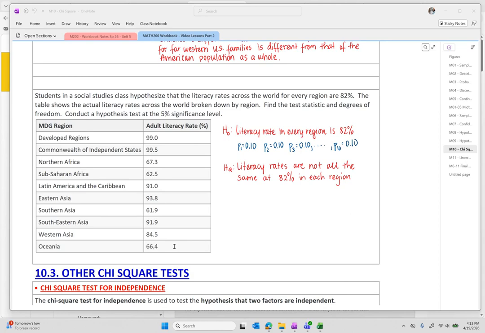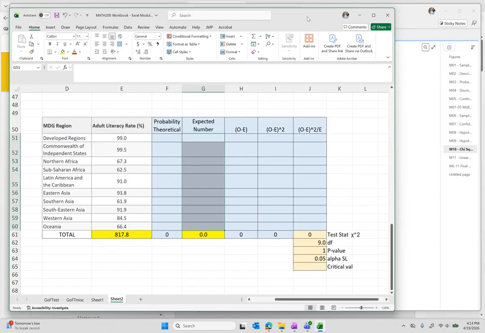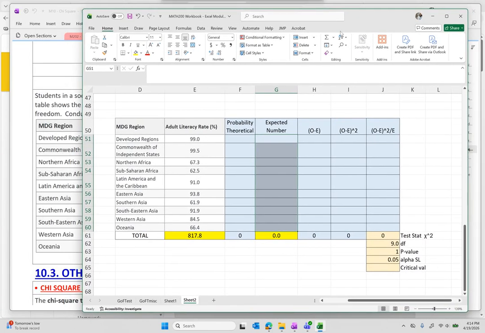Now, to avoid doing all of this by hand, I will go in Excel and do it. And I have entered here the regions and the literacy rates. And I don't need the probabilities to be 0.10. I know the expected number needs to be 82% in every region.